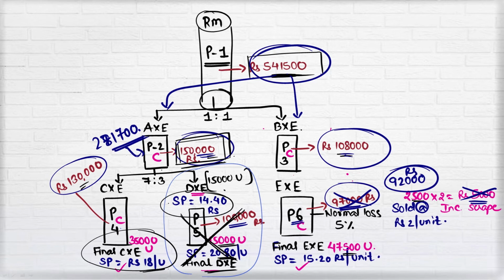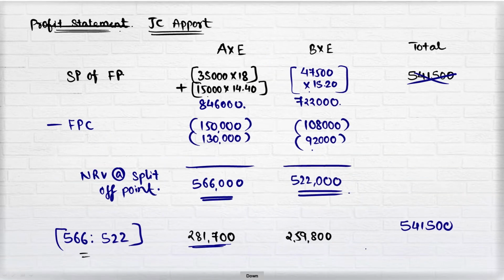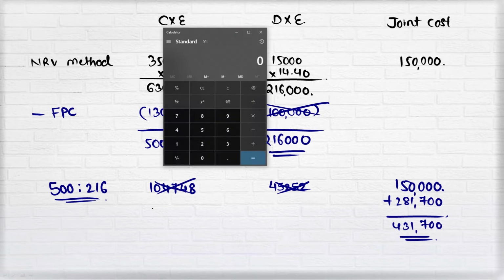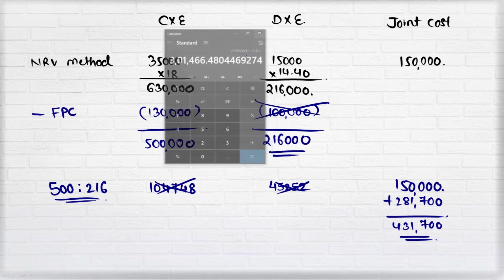So the total joint cost of process 2 is 2,81,700 plus 1,50,000. So we should distribute the total cost. This is 4,31,700, which should be distributed in this ratio. 4,31,700 into 500 divided by 716 is 3,01,466.